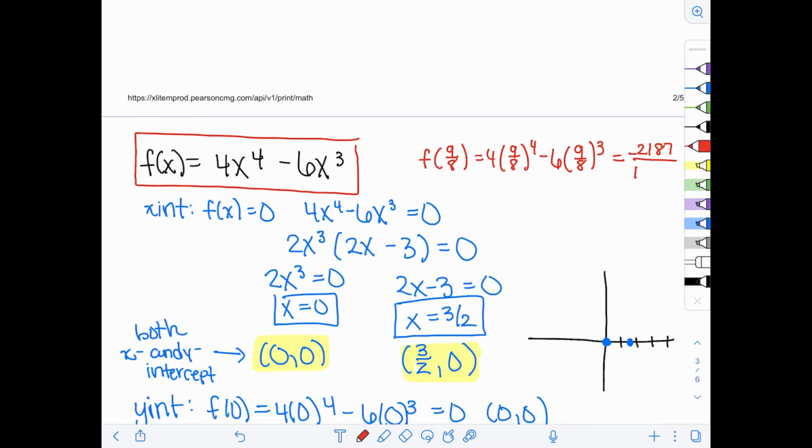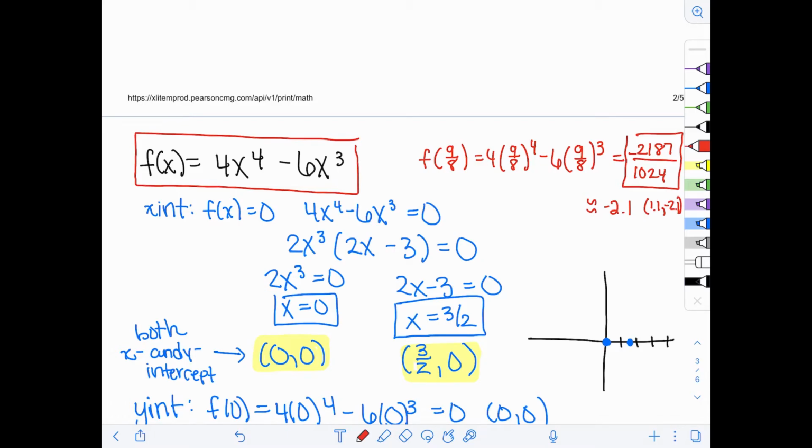So if I plug it in and convert it to a fraction on my calculator, I get this. If I wanted the approximation, especially if I'm trying to draw a sketch of the graph, I might go ahead and get the approximation, just so I have an idea of where to plot it. And it's about negative 2.1. And you could do the same thing with 9 divided by 8. So it ends up being about 1.1, and then negative 2.1.